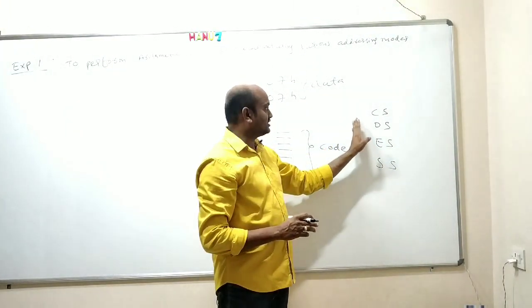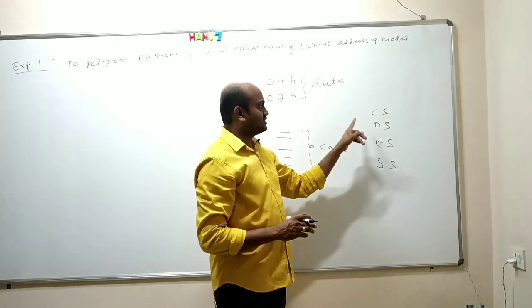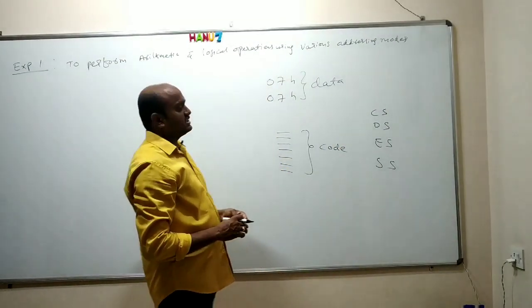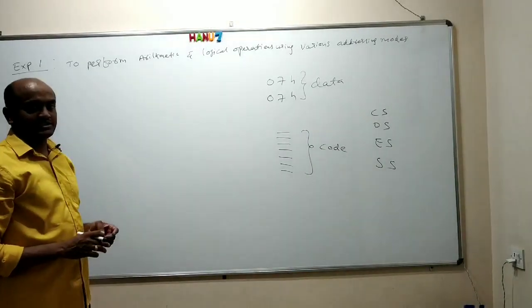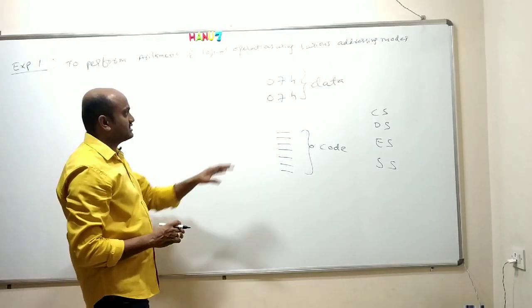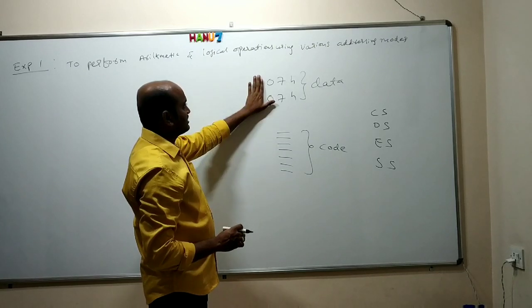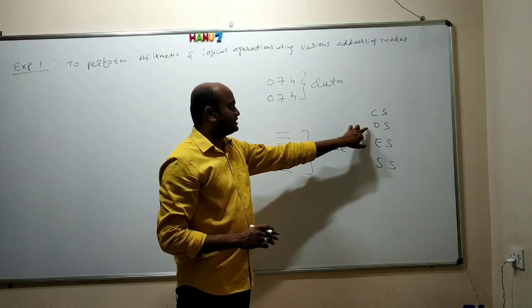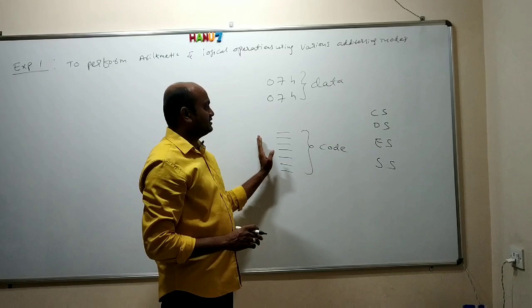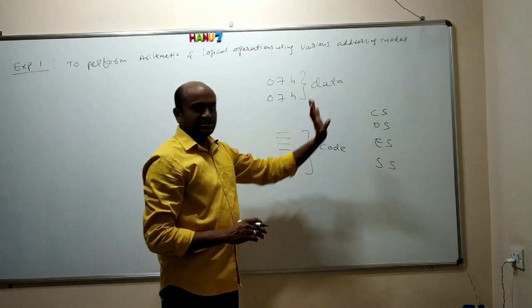Right now, just remember that these 4 registers are called segment registers. They are useful to access the respective segments. The data segment can be accessed by the DS register, and the code segment can be accessed by the CS register.